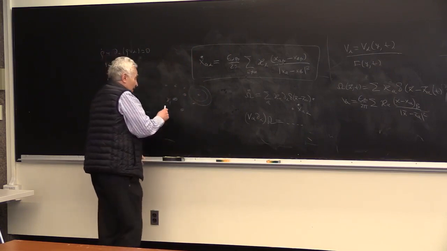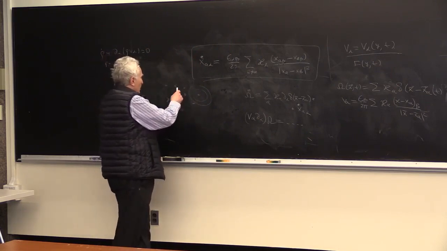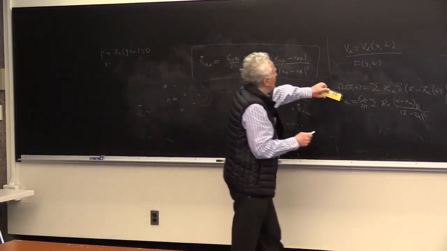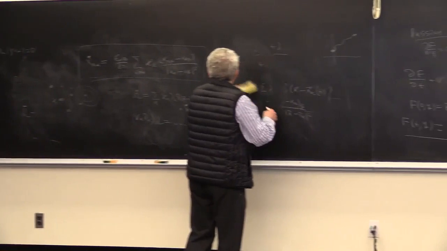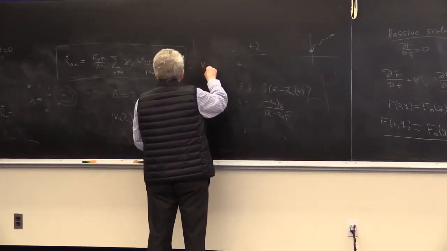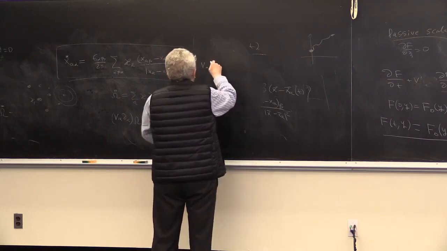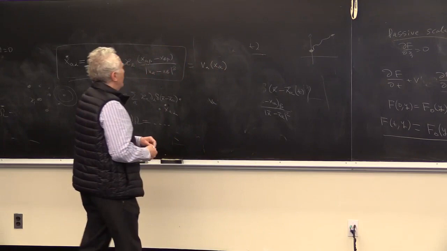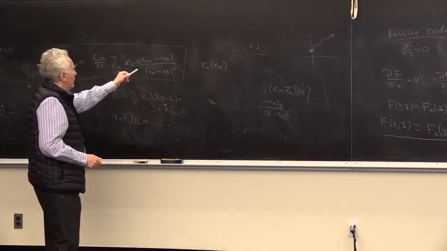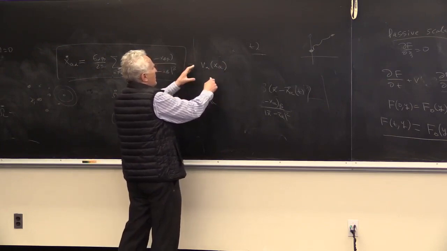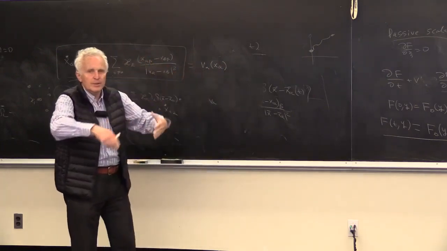And in order to find the motion, you can write it down simply as x A dot equals v alpha of x A, where v alpha of x is the velocity created by all other vortices.